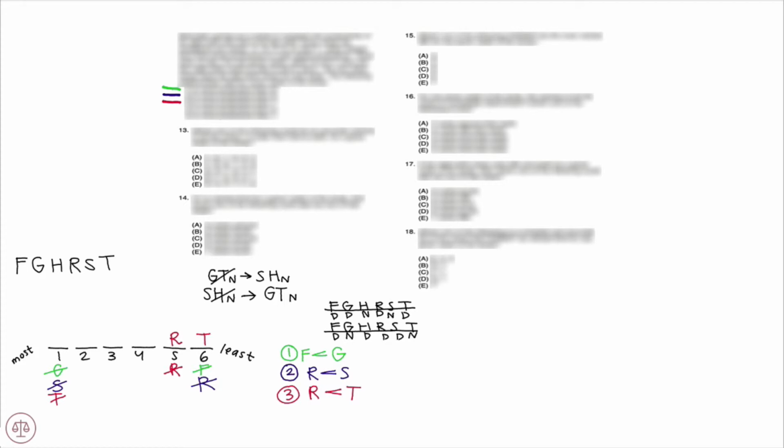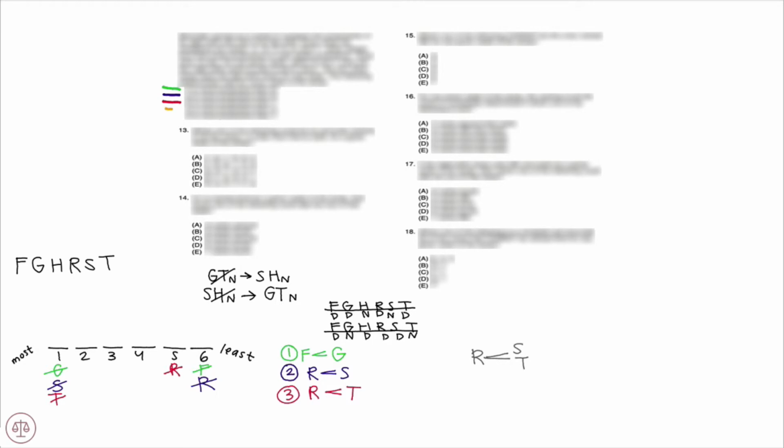But then rule number 2 could not be abided by because there would be no place for S to go. And so let's actually combine rules 2 and 3 over here to the right. So we have R is more productive than S and T.